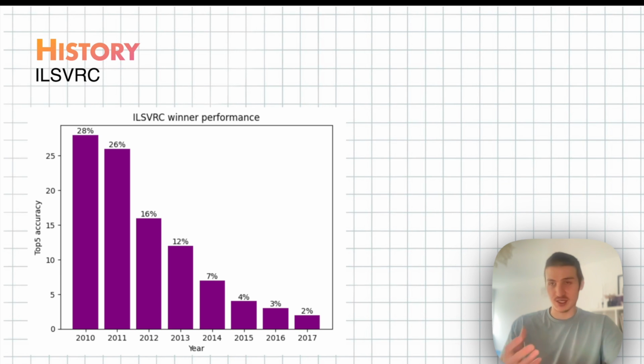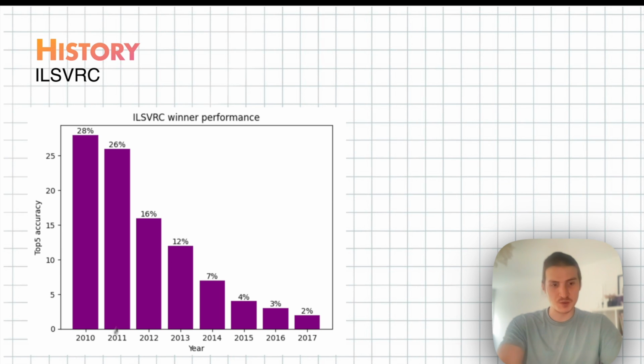That scene might actually have a lot of objects like a cup or a plate, and so the network is not necessarily able to understand what we want from it. Because of that, we have top 5 accuracy.